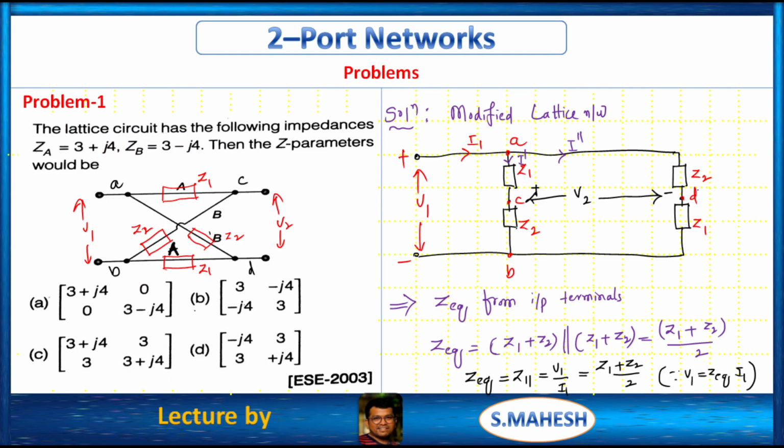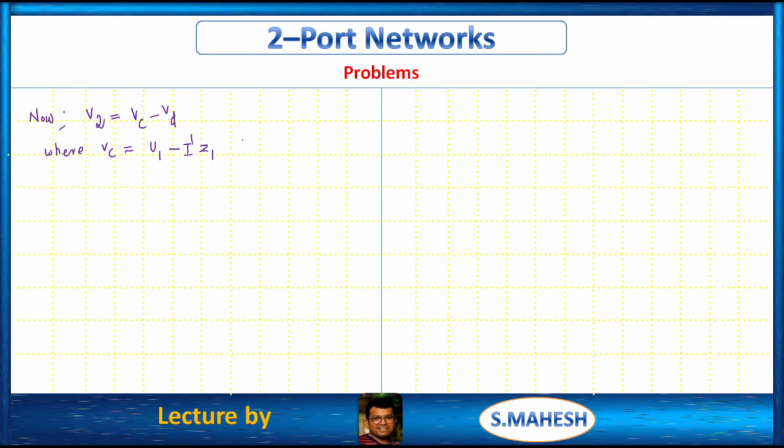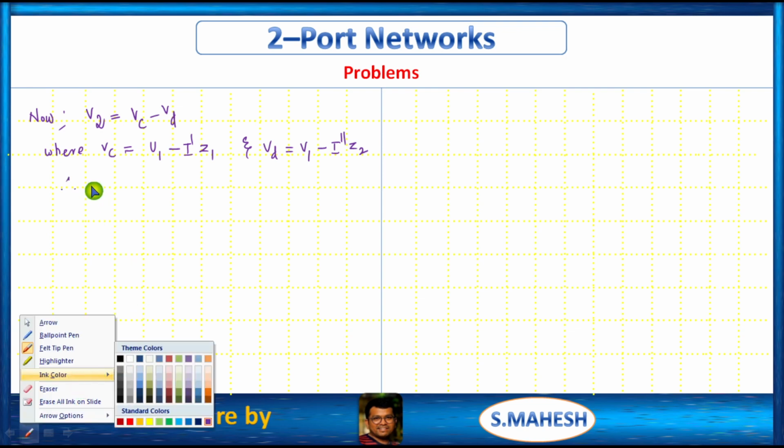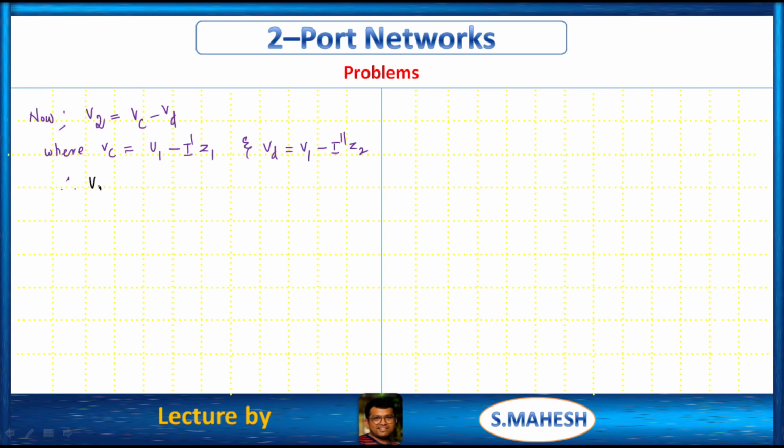Like that, through Z2, I1 double dash into Z2. VD equals V1 minus I1 double dash into Z2. Then V2 equals VC minus VD, that is V1 minus I1 dash Z1 minus V1 plus I1 double dash Z2.